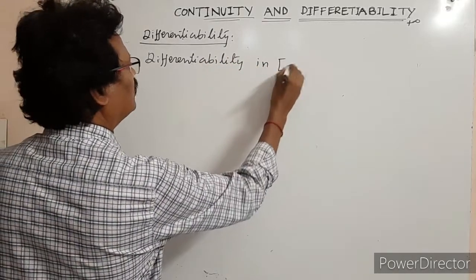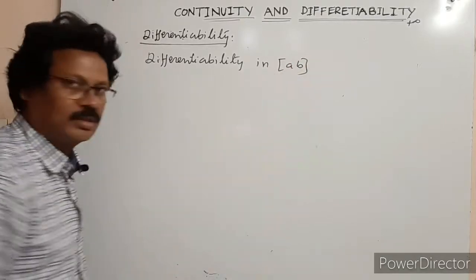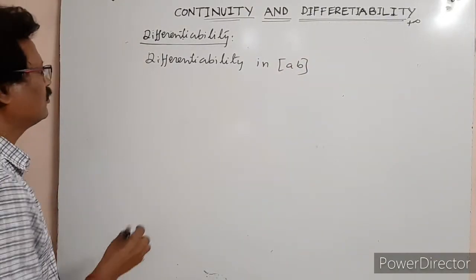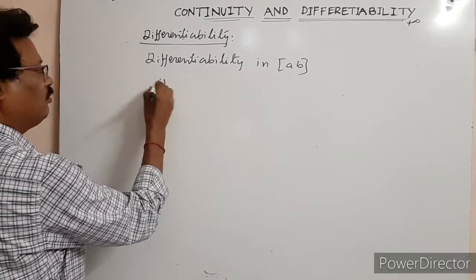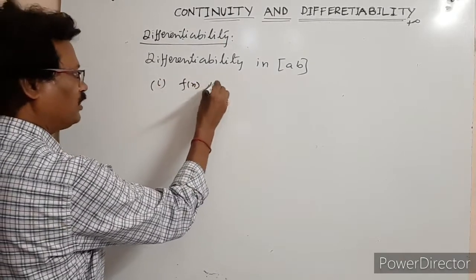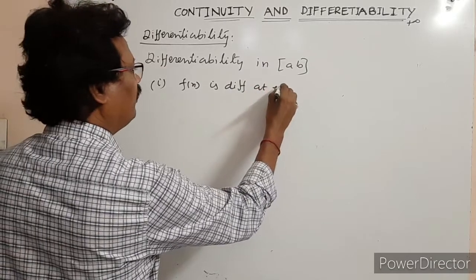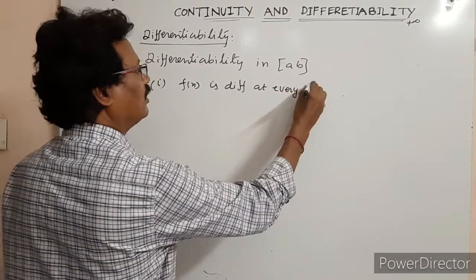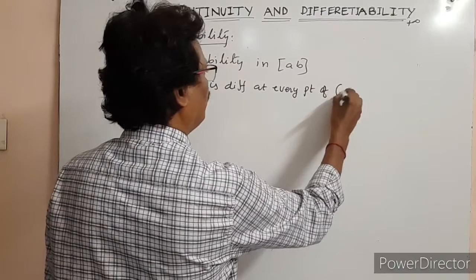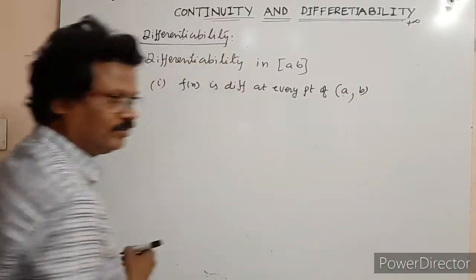Differentiability in a closed interval, how do we write? Now here the first point, f(x) is differentiable at every point of the open interval.